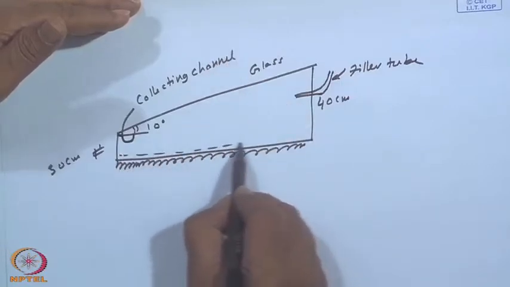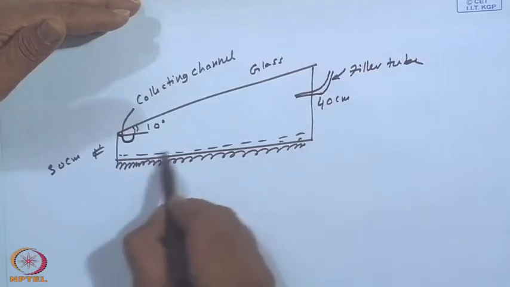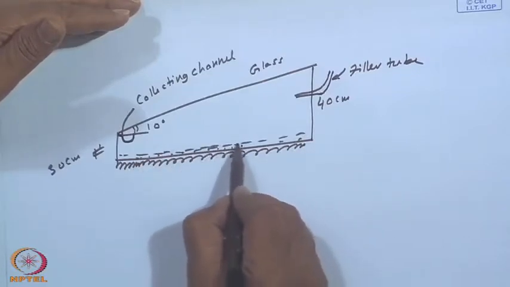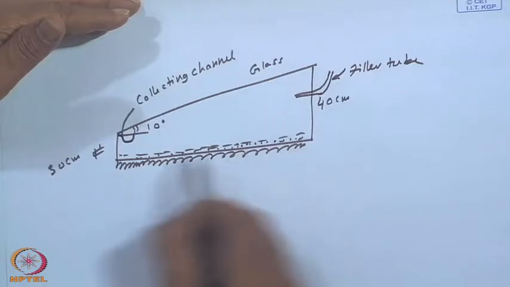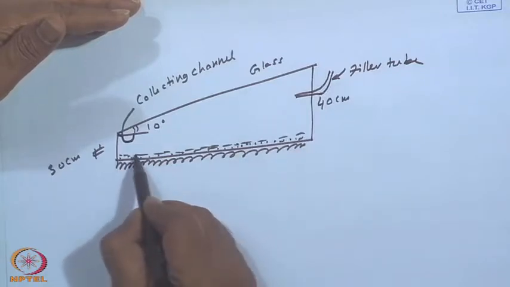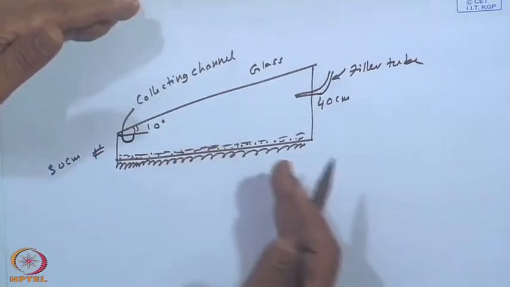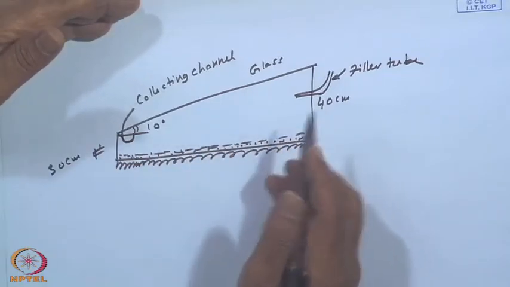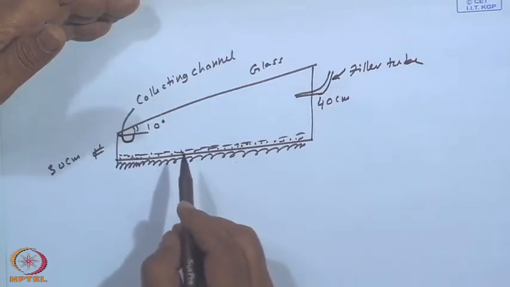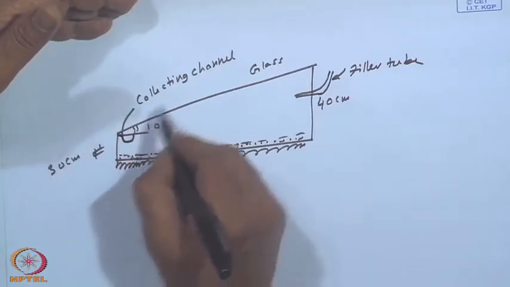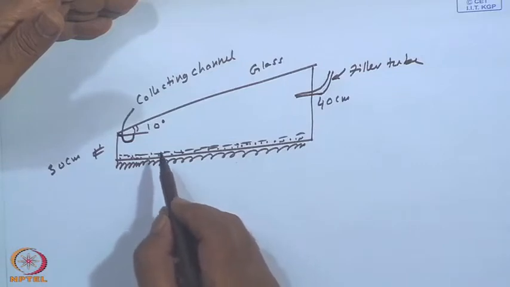You have a layer of water, maybe 2 inches, because if it is too much, the heat capacity will be large, and consequently to heat that much larger quantity of water, it takes more time. At the same time you do not want to have dry patches, and this is the collecting channel which I have mentioned.